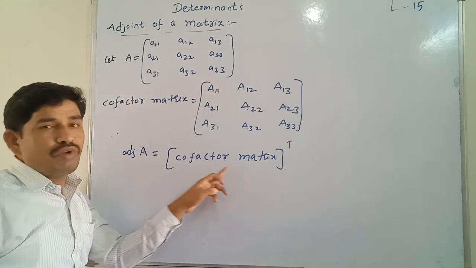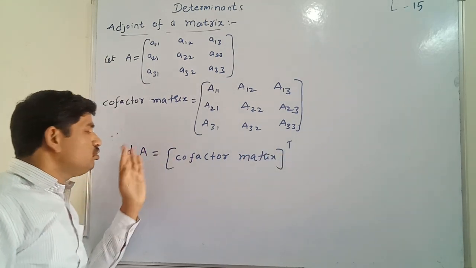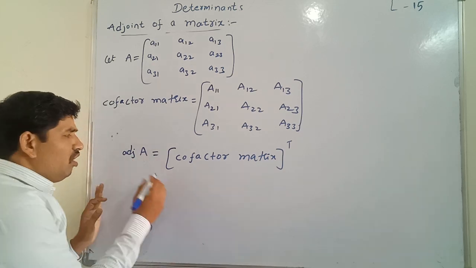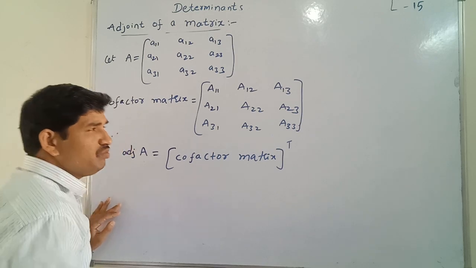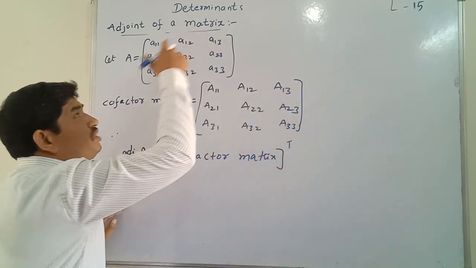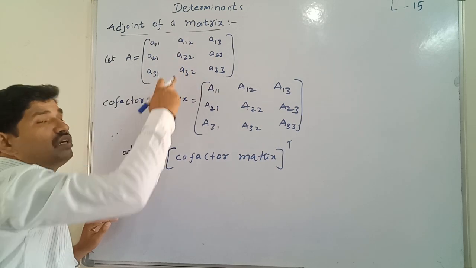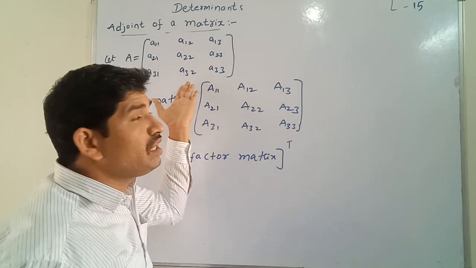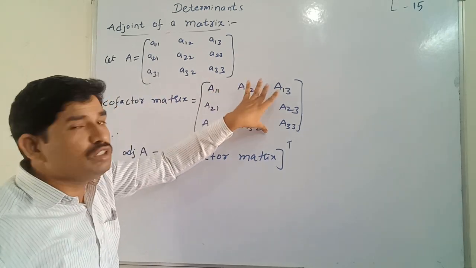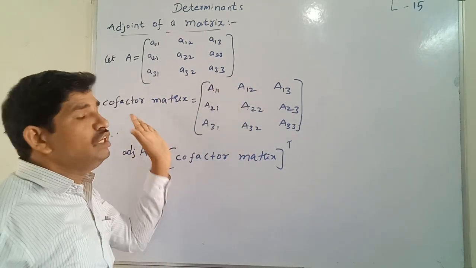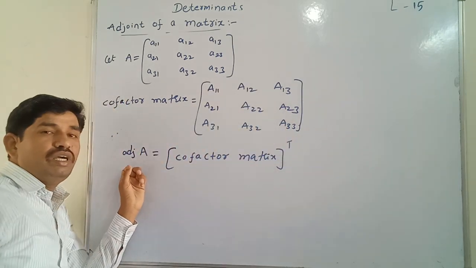Adjoint A is nothing but the cofactor matrix whole transpose. First we have to find the cofactors of the given matrix. There are 9 elements, so first we have to find the cofactors for all 9 elements. Whatever matrix we get, that is the cofactor matrix. If we make the transpose of that matrix, we get adjoint A.